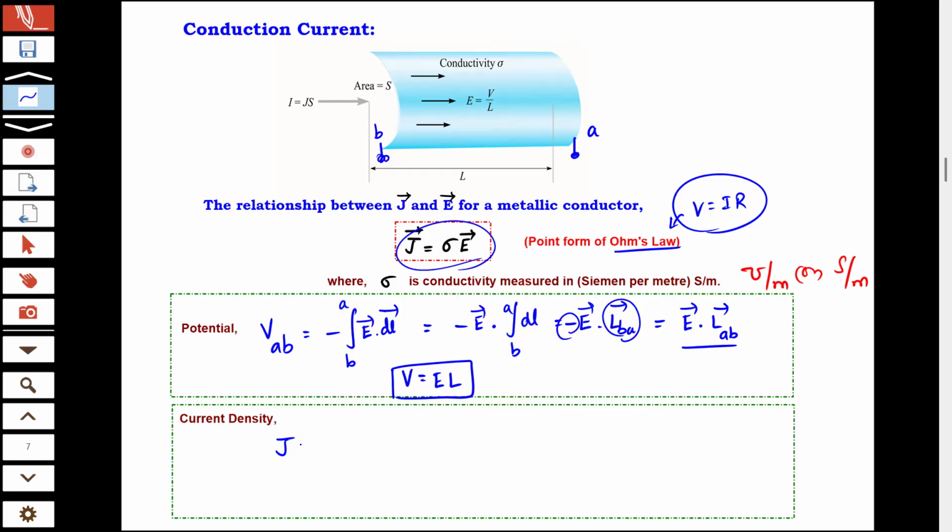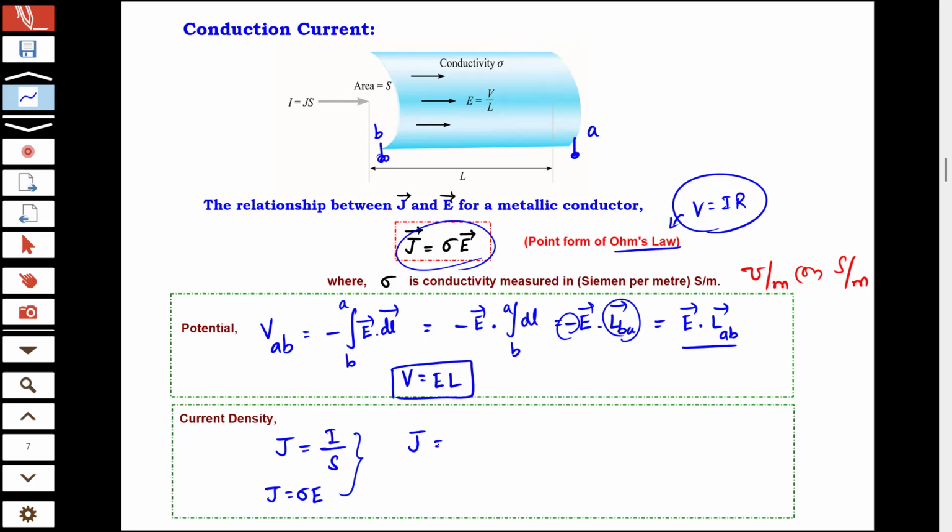Now we know the relation for current density and current. Current density J can be written as I by surface area. We can also write J equals to sigma E. Now we will be relating these two. That is, J equals to, I will be writing only the magnitude here.